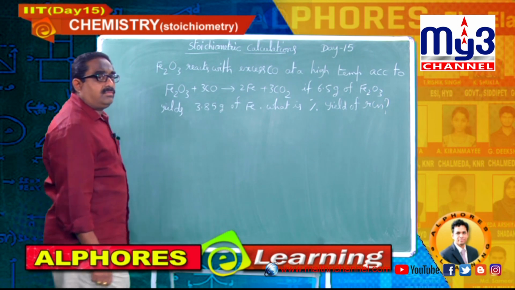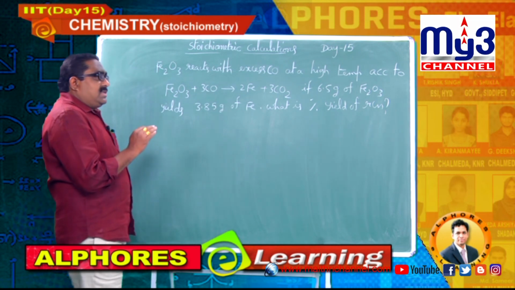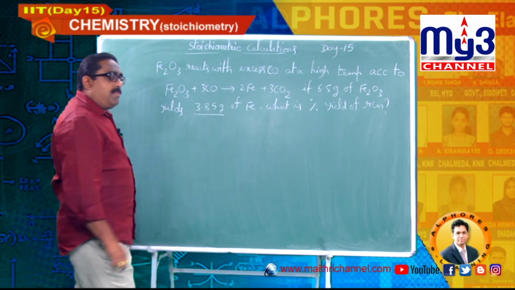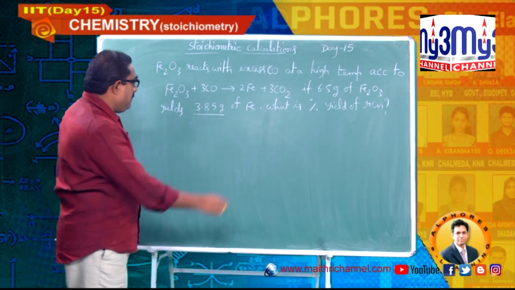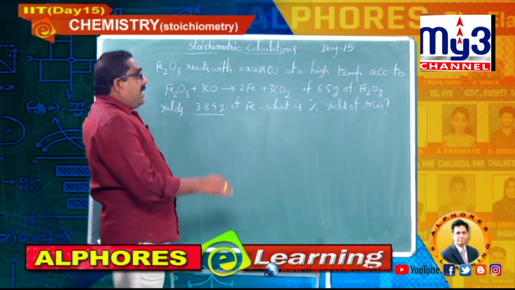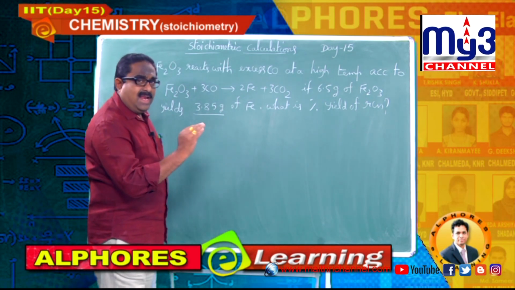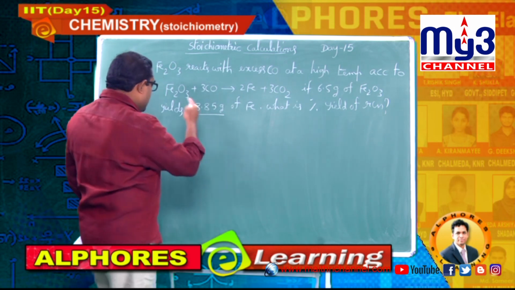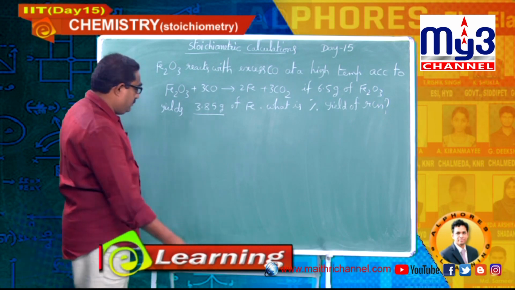Okay, now percentage yield means actual amount of product obtained. Here it is 3.85 grams of iron, divided by the theoretically calculated amount of product, which I am going to calculate now.